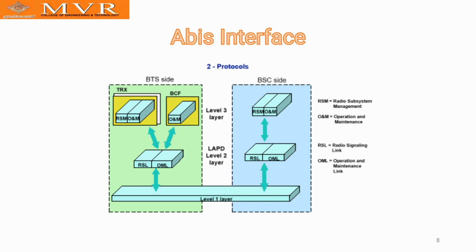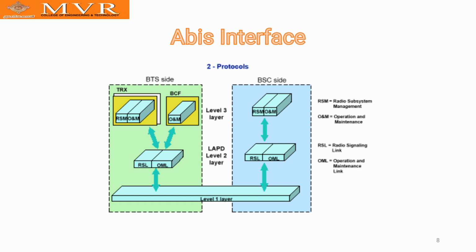See this Abis interface. In this Abis interface, it is level 2. Here it is the interface acting on the BTS and BSC side. The BTS has the modules of TRX and BCF, and next are RSL and OML: radio signaling link, and operation and maintenance link. Those are all communicated by using BCF.